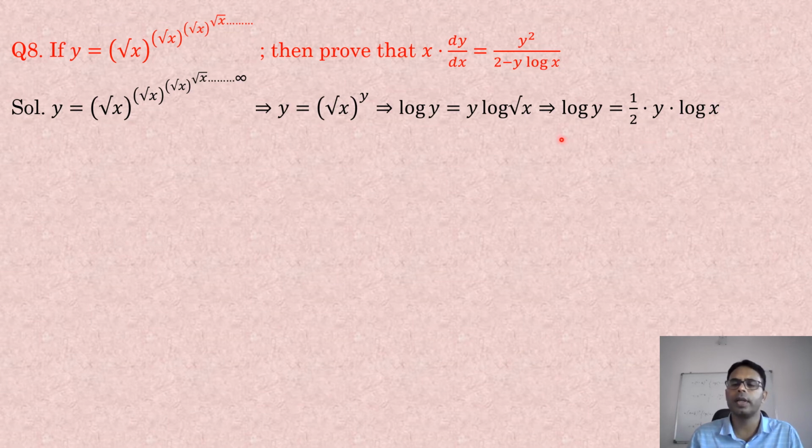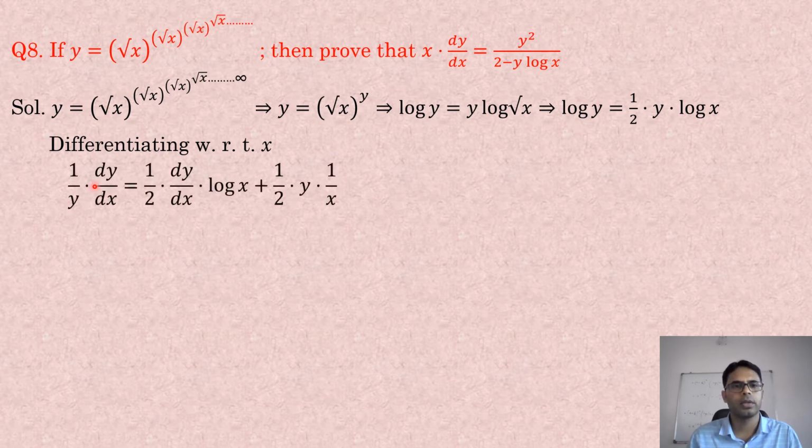Now I am going to differentiation, to take differentiation in this line. So differentiating with respect to x, left hand side is simply 1 by y dy/dx. And on the right hand side it is 1 by 2, constant number remaining same, and it is a product function. You see, this is a product function.